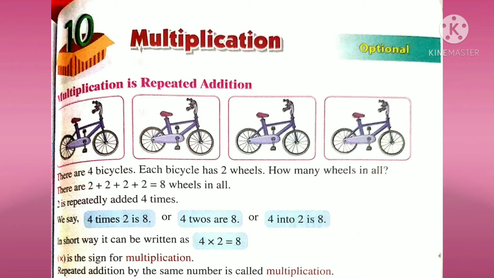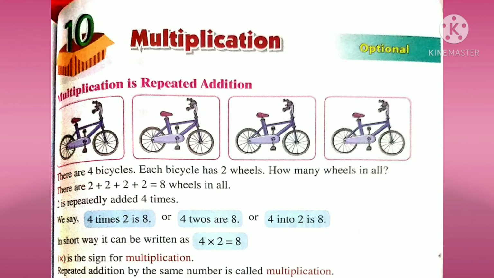Dear students, already we have done the tables from 1 to 18. Still we will learn the multiplication in this chapter.